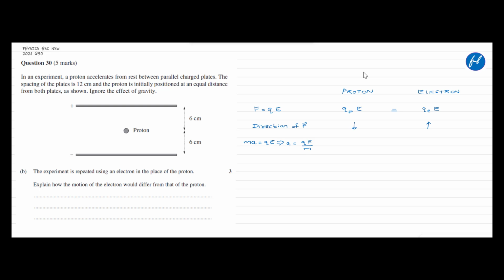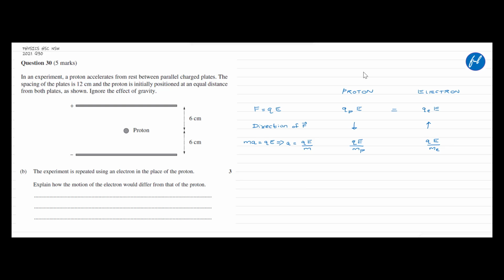In the case of the proton, it will be QE divided by the mass of the proton, and for the electron it will be QE divided by the mass of the electron.